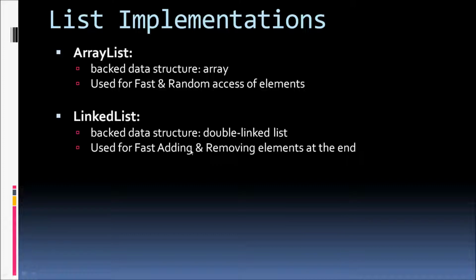So you see there are two main differences between ArrayList and LinkedList. The first one is internal data structure. ArrayList uses array, and LinkedList uses doubly linked list data structure. And ArrayList provides fast access to elements, whereas LinkedList provides fast adding and removing elements at the end.